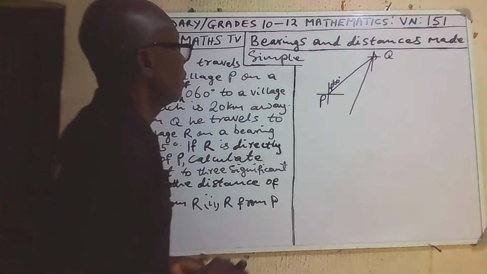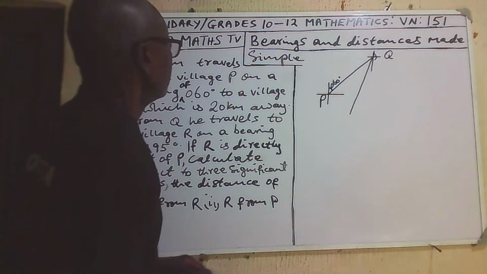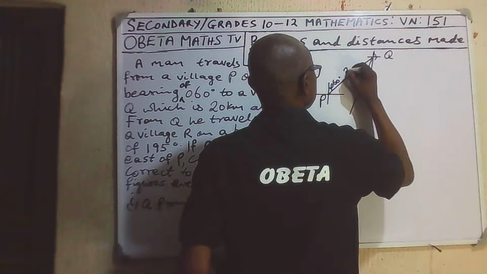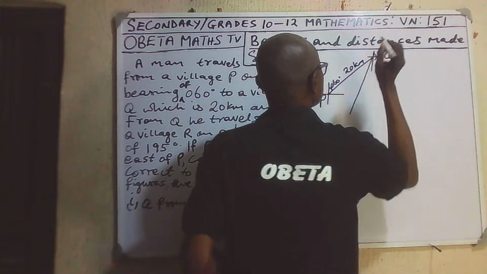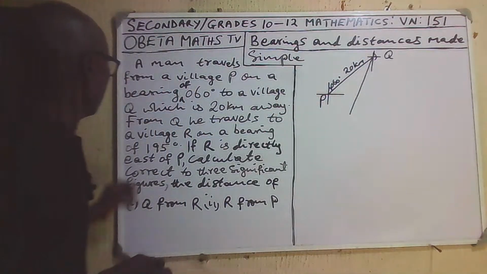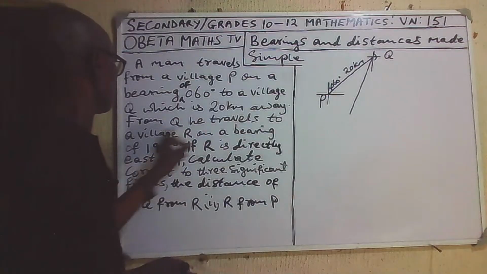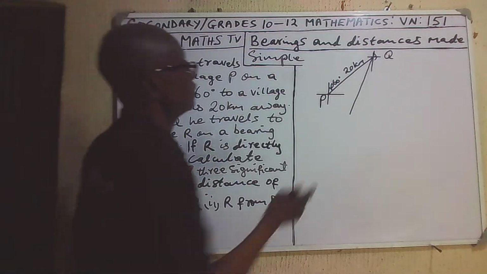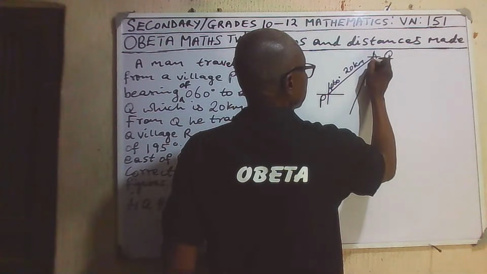Now, we know that from P to Q is 20 kilometers. Then from Q, he travels to a village R on a bearing of 195 degrees. That is the whole of this.